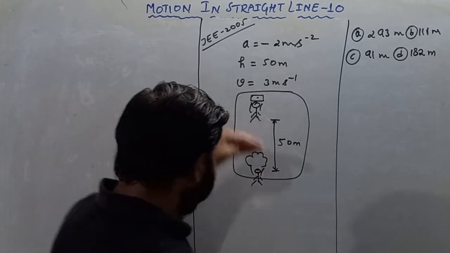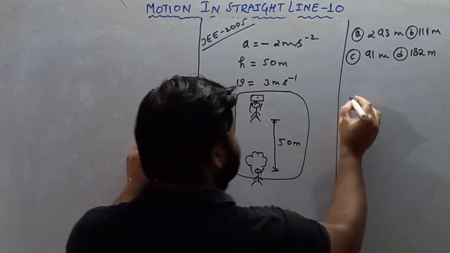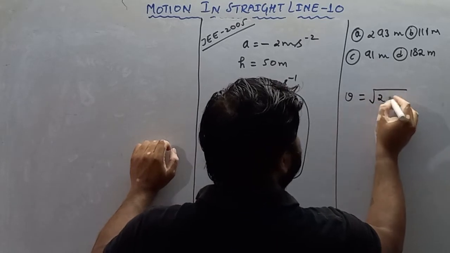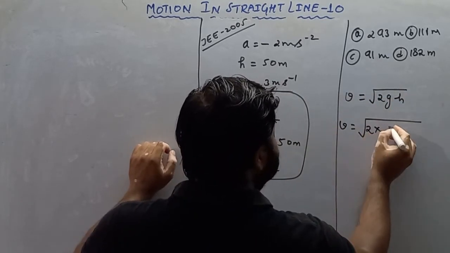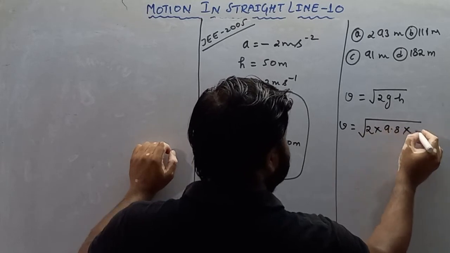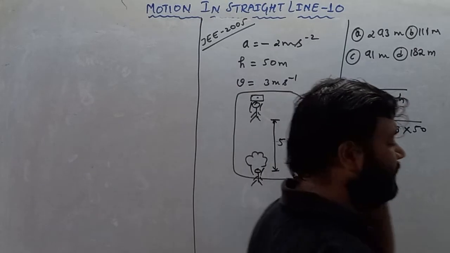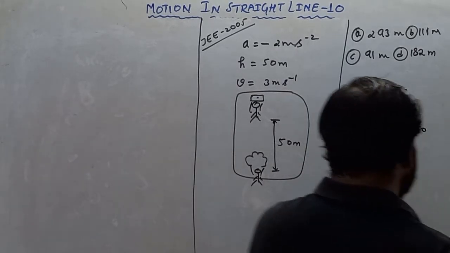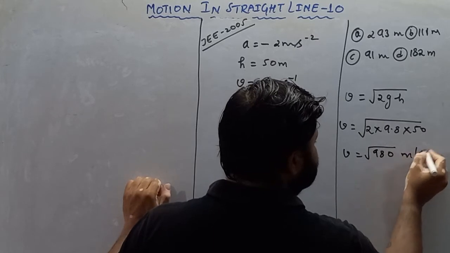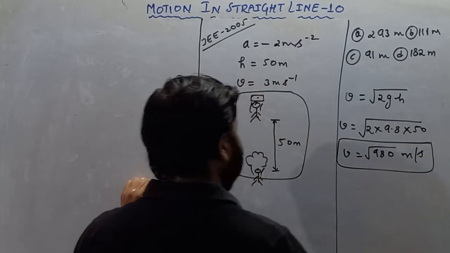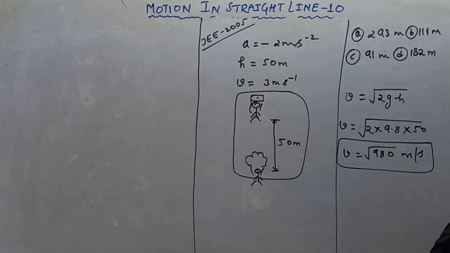Just before reaching the ground, the formula of velocity is v equals under root 2gh. Here v equals under root of 2 times g, which is 9.8, times h, which is 50. Try to solve this: 50 into 19.6 gives 980. So v squared is 980, and v is under root 980 meter per second. This is the velocity of the parachutist before opening the parachute.